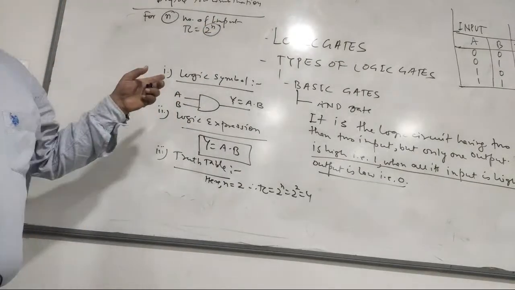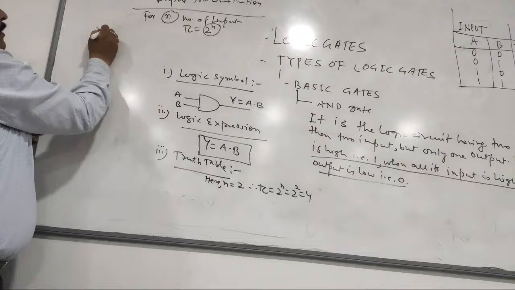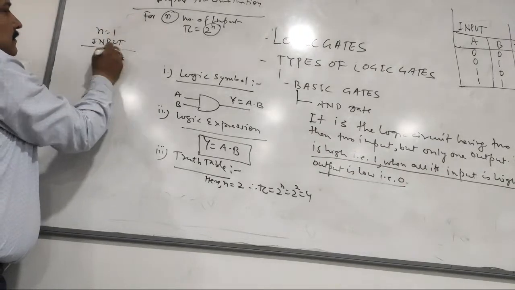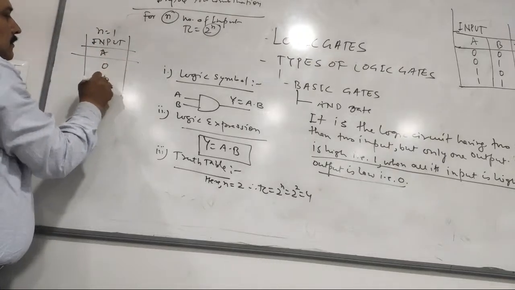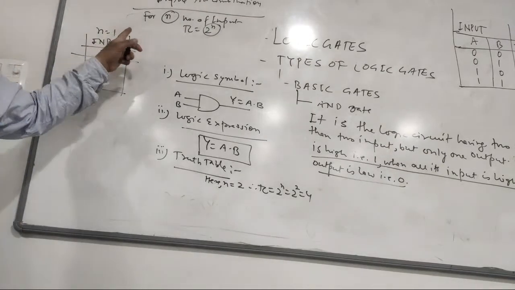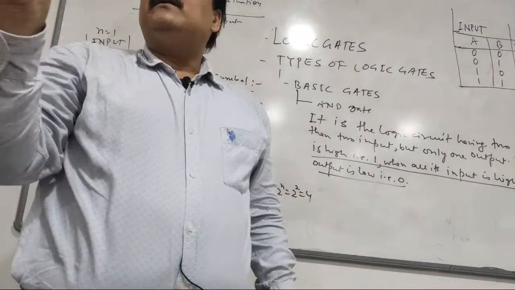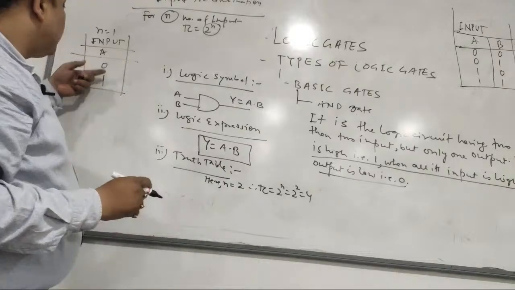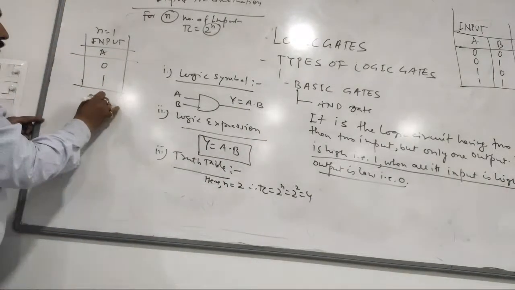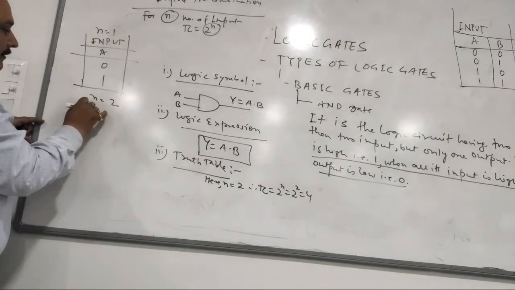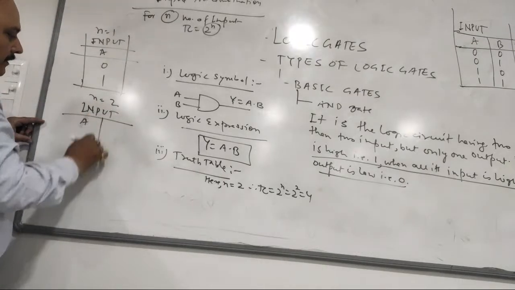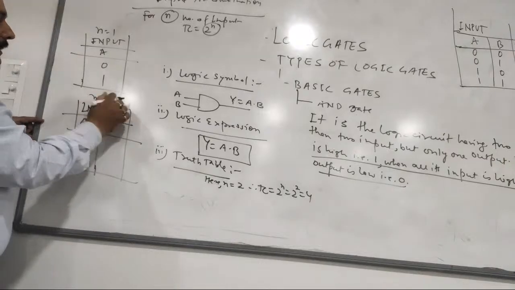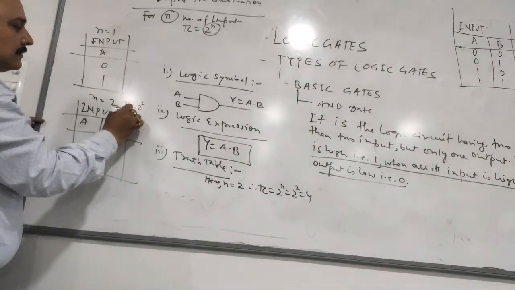Suppose for n equal to 1: 2 to the power 1 is 2, half of 2 is 1, that is 0 and 1. Similarly, for n equal to 2, we have to maintain 2 columns.